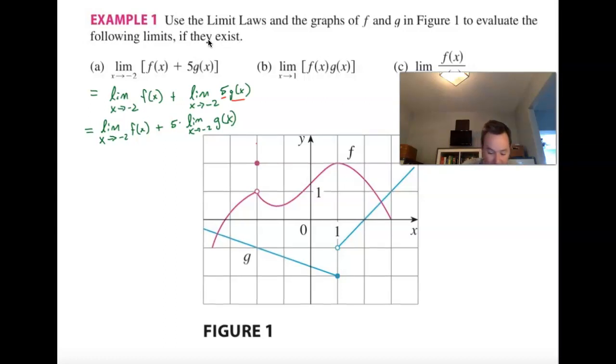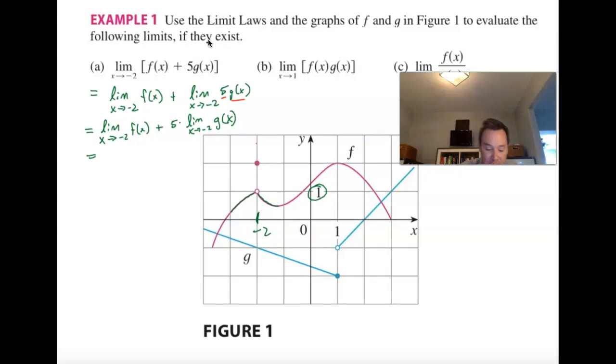All right, so now let's begin to evaluate these. Let's see what's going on with this graph visually as x approaches negative 2. Well, for f, let's see, negative 2 is right here. For f, which is kind of the red one, that limit does exist. Remember, the limit's concerned with what's going on as we approach negative 2, not what's going on at negative 2.